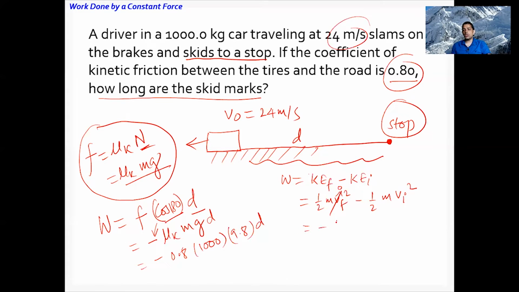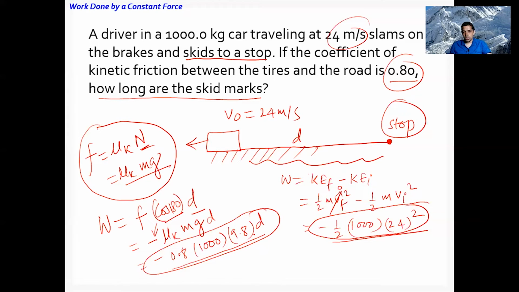So it equals minus 1/2 times 1000 times 24 squared. What is your work done then? Work done is this, and this is your change in kinetic energy. According to the work energy theorem, this guy must be equal to this guy.